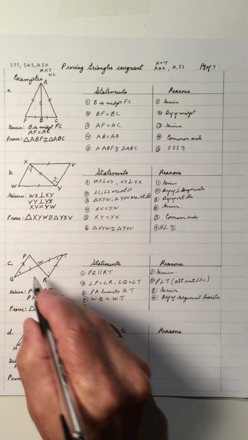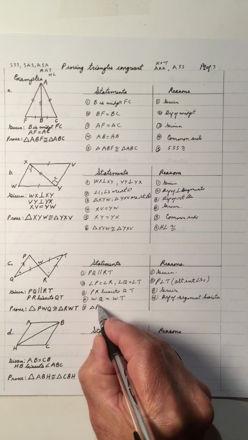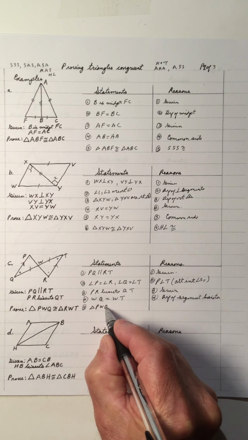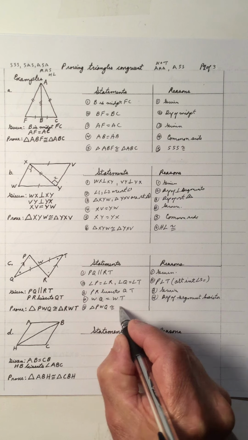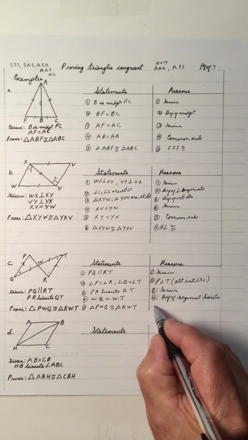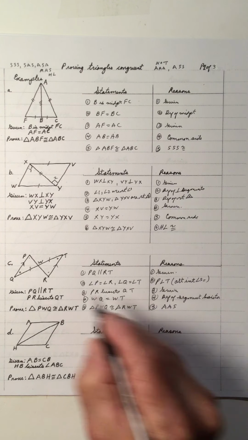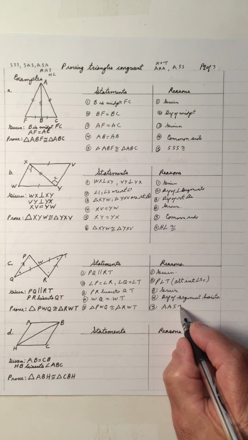And as a result, we have angle side angle. So the triangle PWQ is congruent to triangle RWT, and the reason is an AAS, angle side angle congruency.